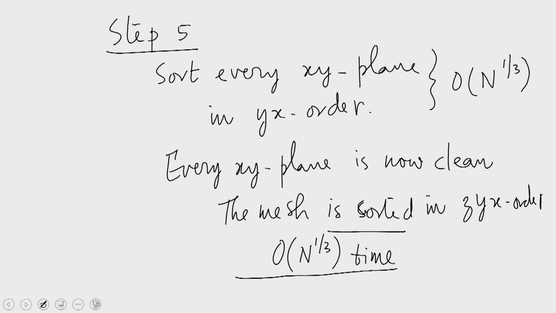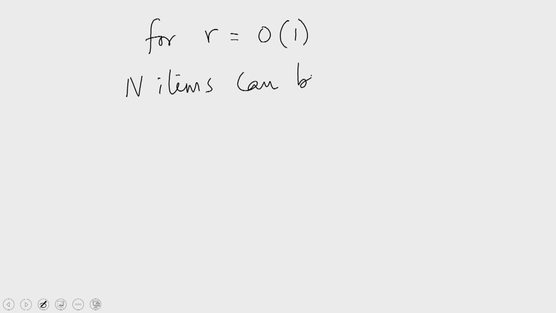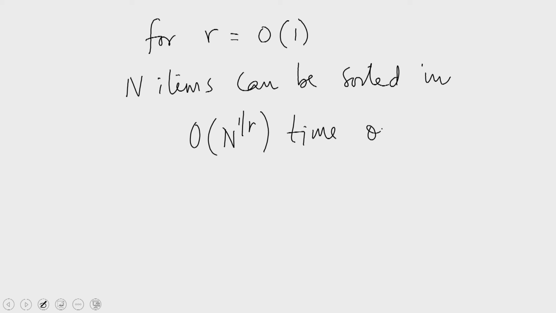Now going further, it can be shown that, even though we will not show it here, for a constant r, n items can be sorted in order of n power 1 by r time on an r-dimensional mesh which is regular.